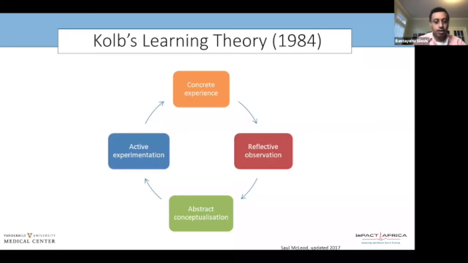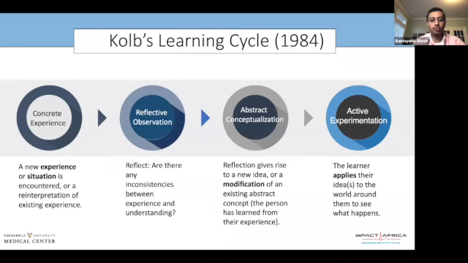Kolb had a 4-point learning theory. He also created 4 learning styles, but we're just going to focus on the learning theory. It has 4 different steps: an experience, reflective observation, abstract conceptualization, and then active experimentation.